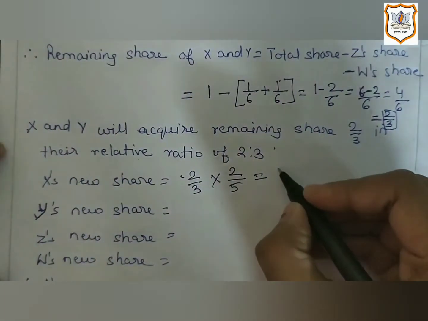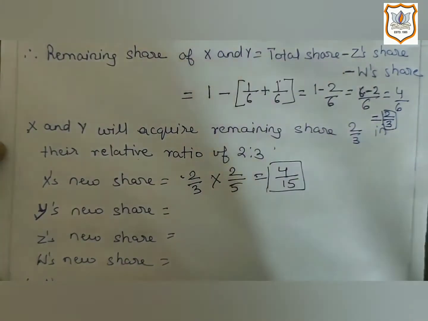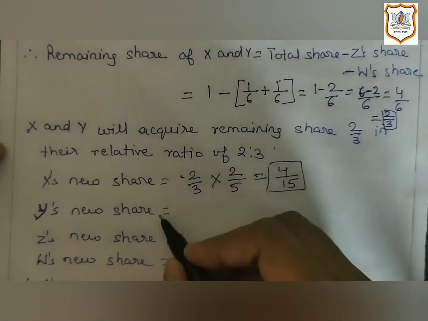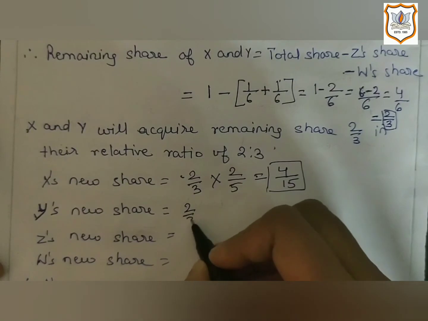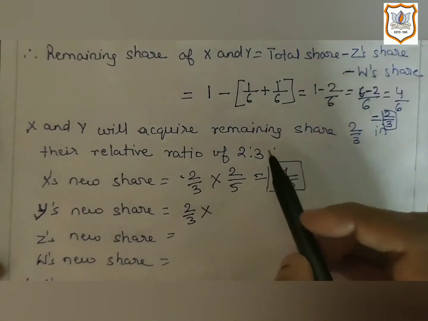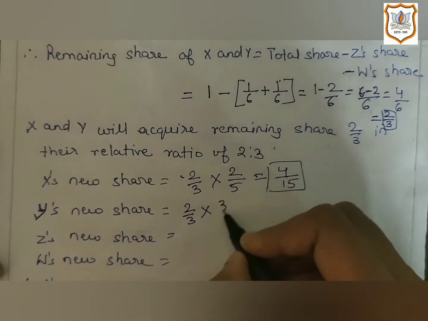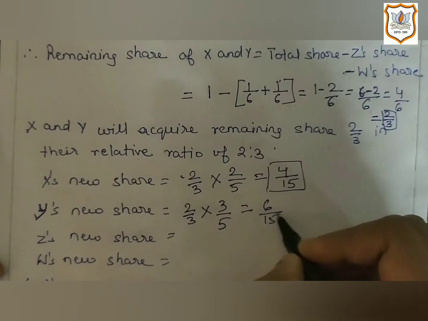So here we get 4/15, X's new share. Similarly, for Y also, his remaining share is 2/3 multiplied by the share in his old ratio, that is 3/5. So here we get 6/15.